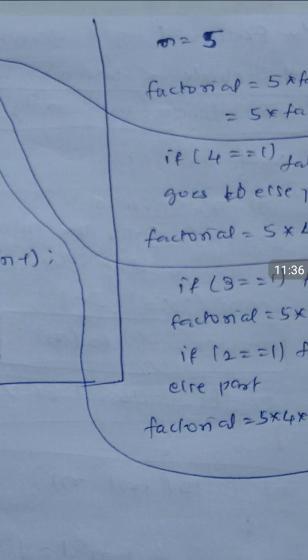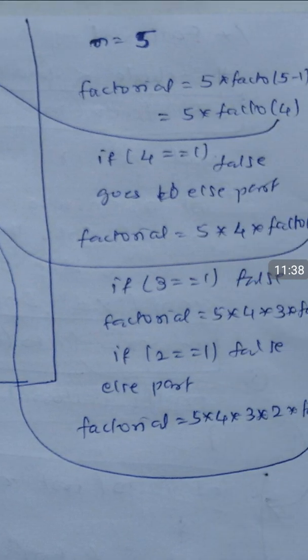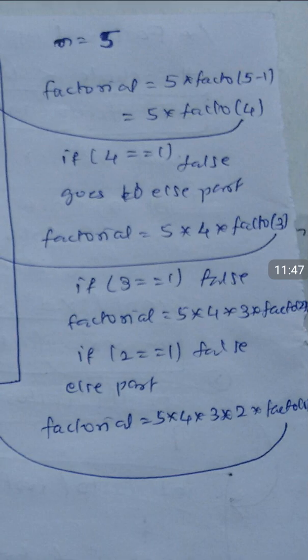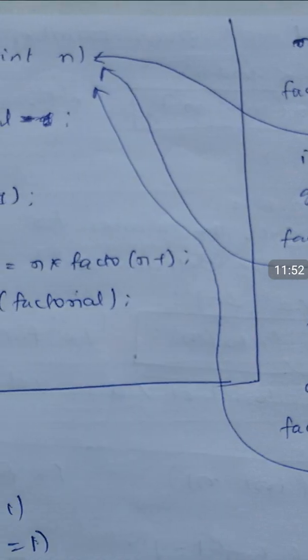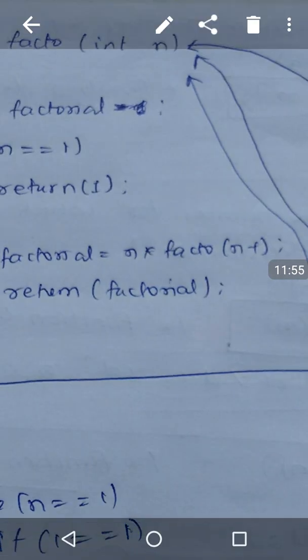Now n is 4; initially we had the value 5. So, again it does 5 into 4, and facto of n minus 1 is 4 minus 1, which is 3. So, the function again calls facto of n, and now the n value is 3.